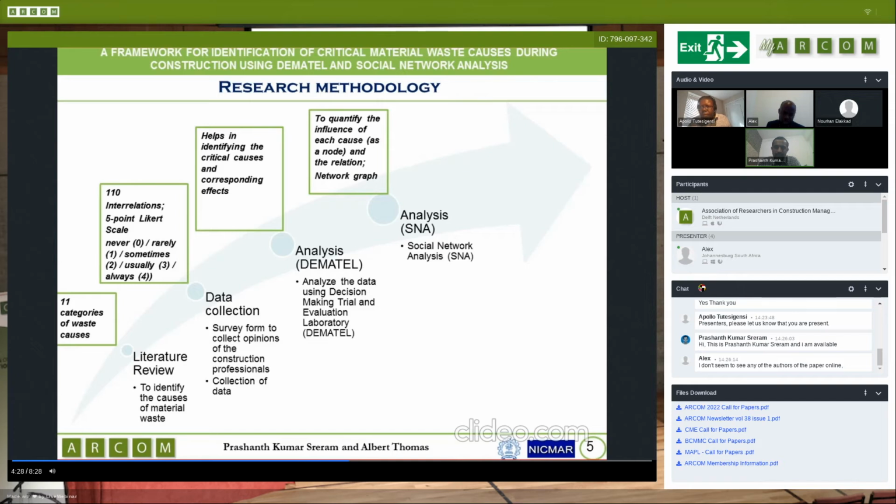Further, the critical interrelations from DEMATEL are taken as input to social network analysis so that the professionals' views can be visualized in a network, and the strength of each relation and each cause is analyzed with reference to the whole network. Therefore, the data collected is analyzed using a combination of network analysis methods, that is DEMATEL and SNA, which is the proposed framework of this study.